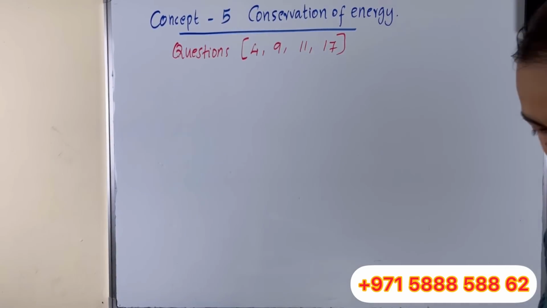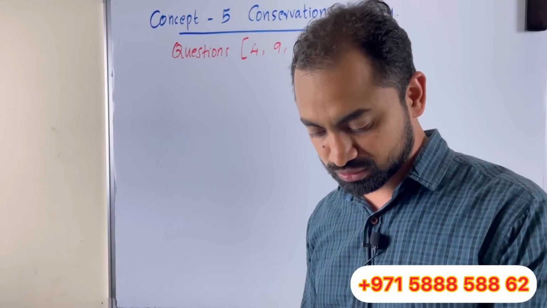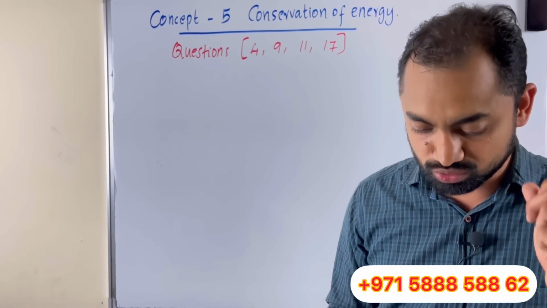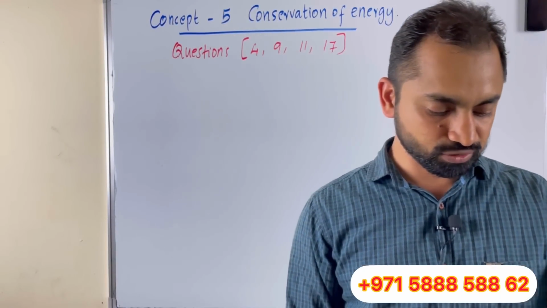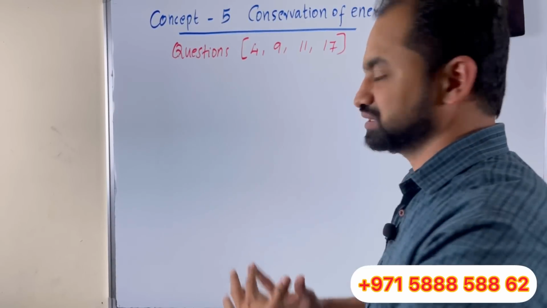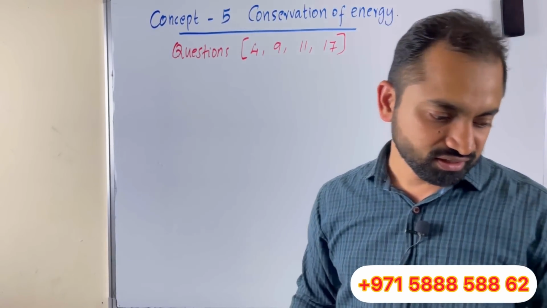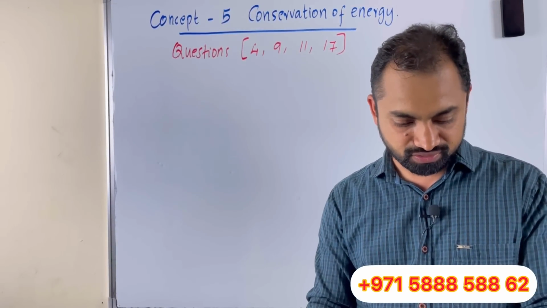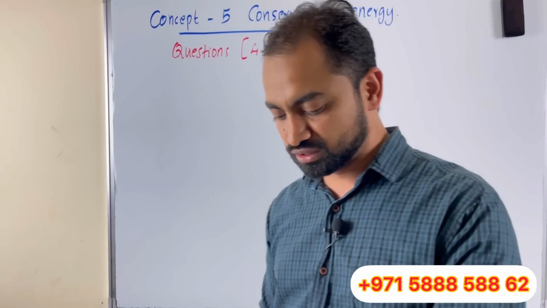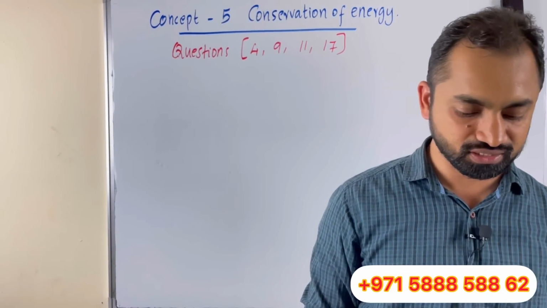Question 9 is apply the law of conservation of mechanical energy to solve problems, and question number 17 is apply the law of conservation of energy to examples like roller coaster rides, ski slopes, inclined planes, hills, pendulum, etc.